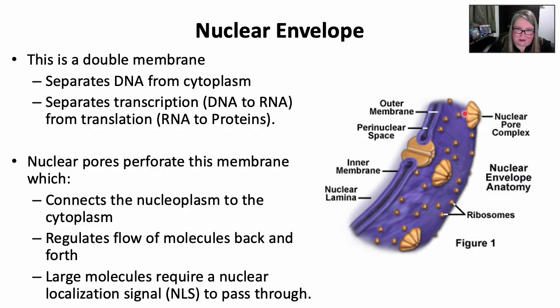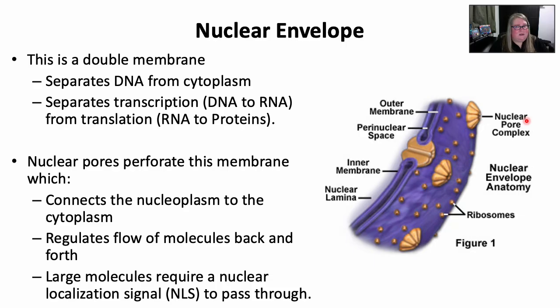Okay, and just before I start talking more, there is a space in between the outer and inner membrane, and we call this the perinuclear space. Okay, so our nuclear pore complex, these are going to allow for things to come in and out of the nucleus. Okay, but they're going to be really picky about what comes in and out. So they're going to regulate not only the flow of molecules back and forth, but they're going to regulate what's in the cytoplasm.